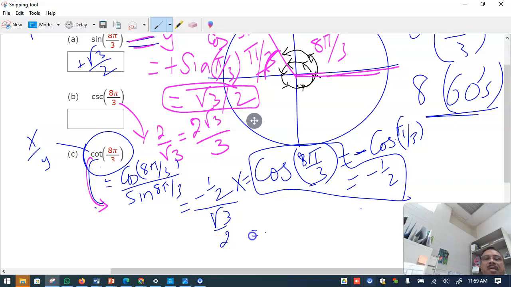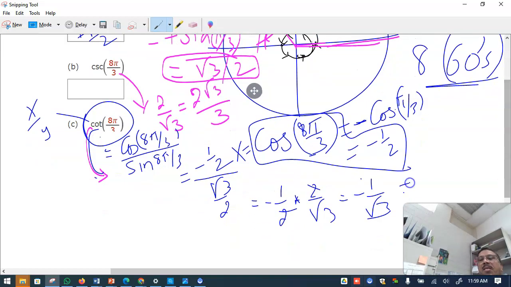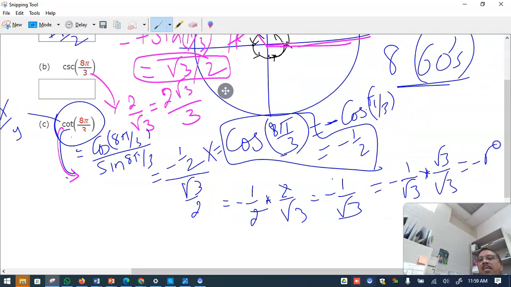And if you use keep, change, flip, you get minus 1 over root 3. And that's it. This is all you're supposed to find. Or this could be written as you multiply and divide by root 3, and you get minus root 3 over 3.